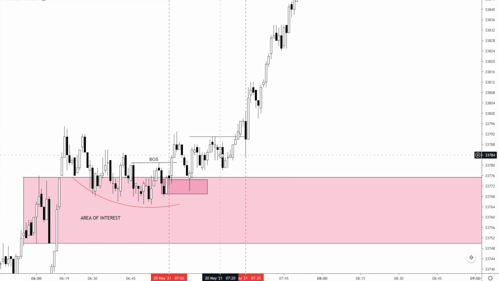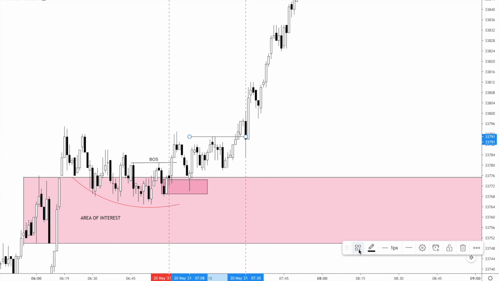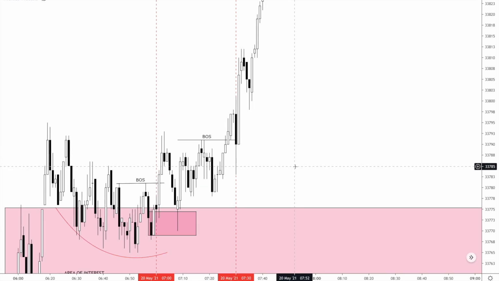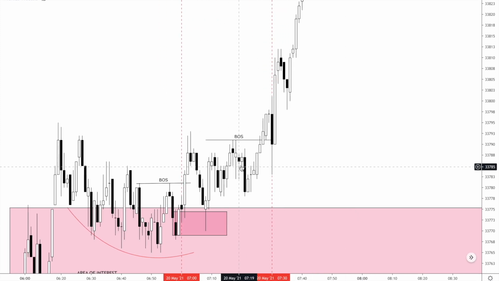We have a breaker structure there, and look at this. Let me zoom in. So we had this huge candle right here that pushed down with good momentum, right? So we'd say that this is an aggressive move to the downside, creating this order block.